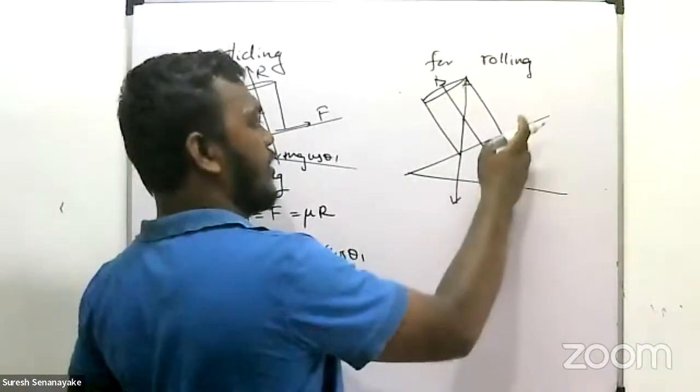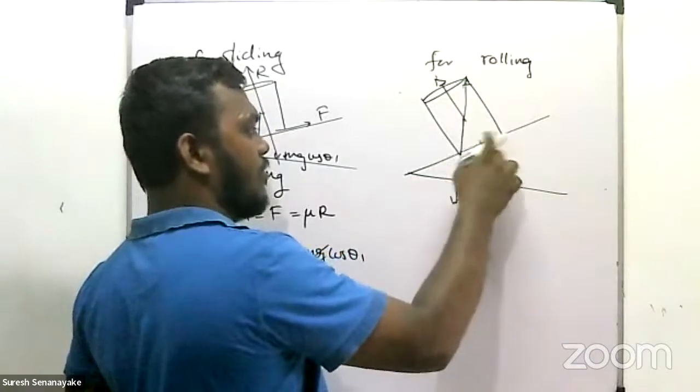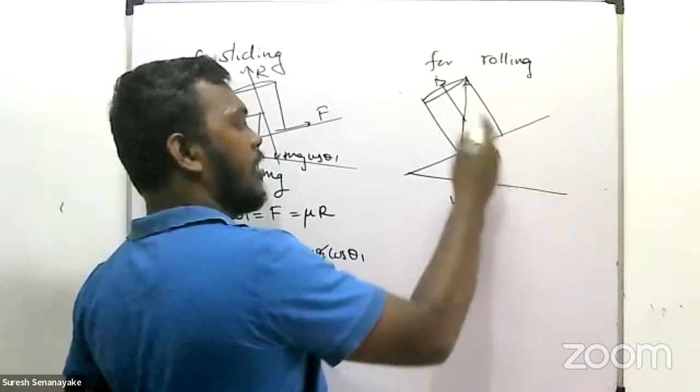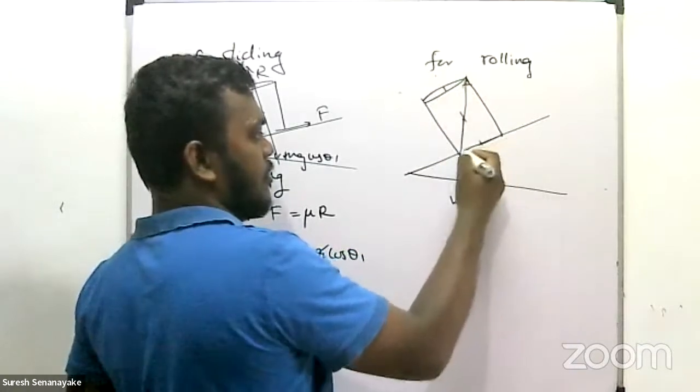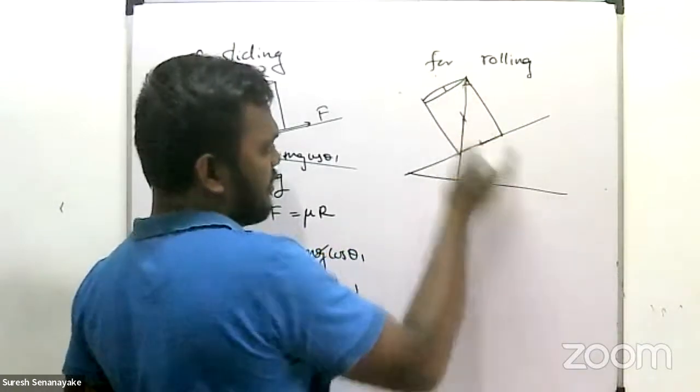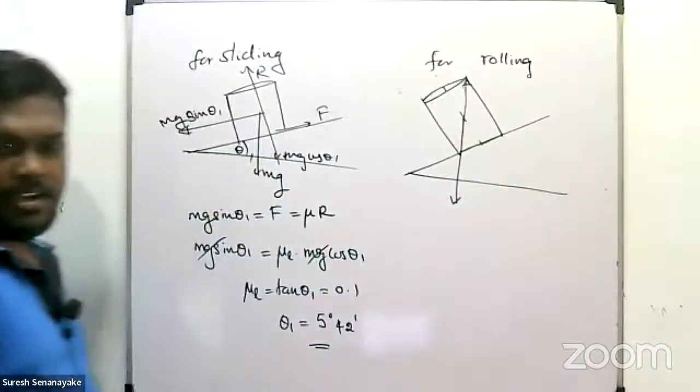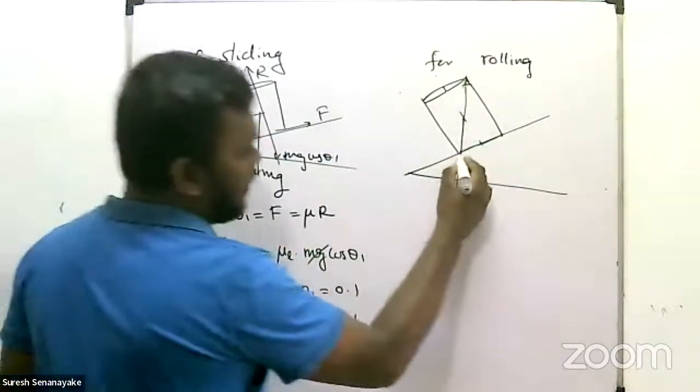Because it is just about to roll down, this surface is not touching; it touches only at this point.